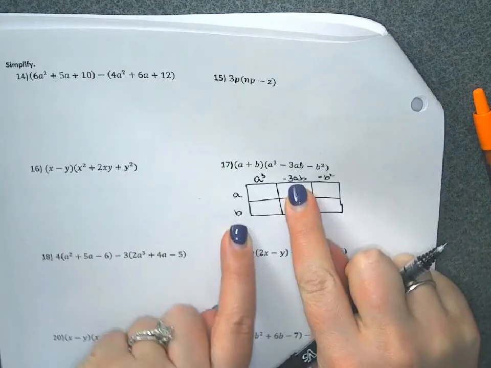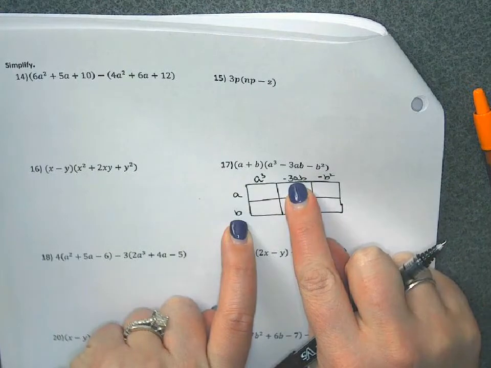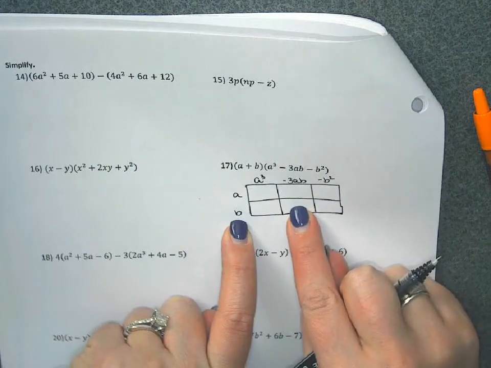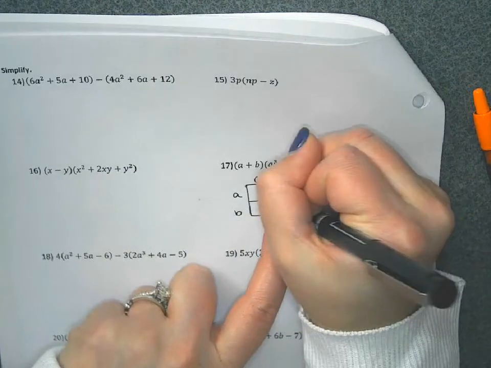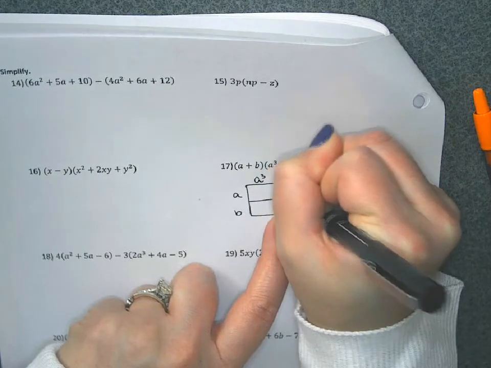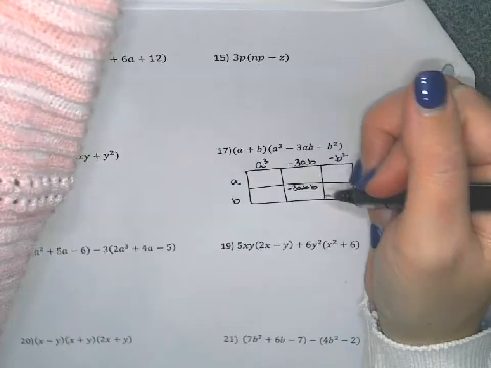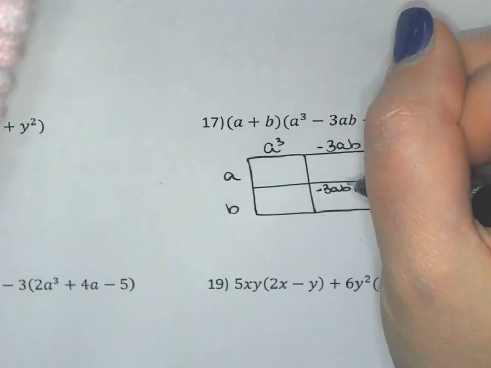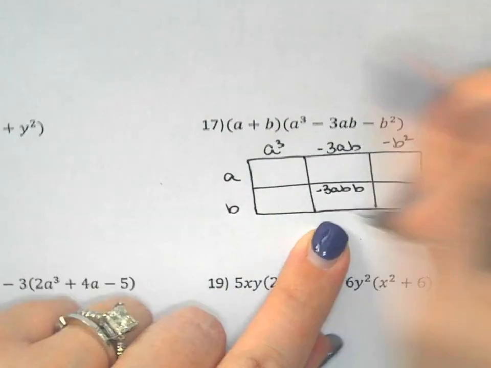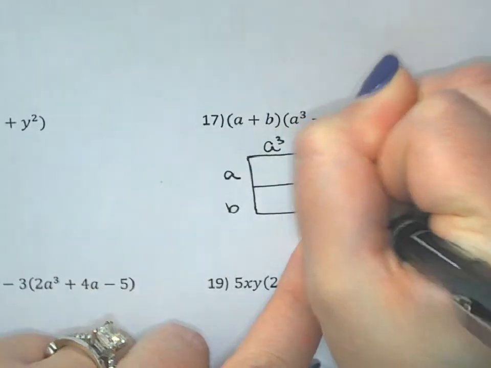When you have something like negative 3ab times b, it'd be the same thing as writing out negative 3ab times b. And then from there, you're just going to simplify that monomial just like we did in number 1 through 9 on the assignment. So this becomes negative 3ab squared.